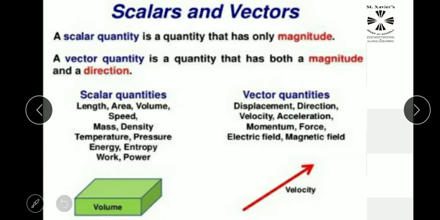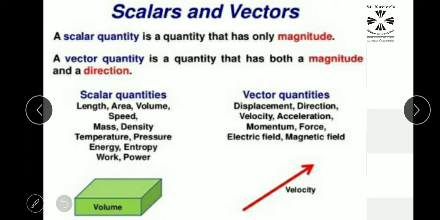Before we continue with the next subtopic of this chapter, I'll just explain a small concept which you have already learned, which you already know. Scalars and vectors. A scalar quantity is a quantity that has only magnitude.